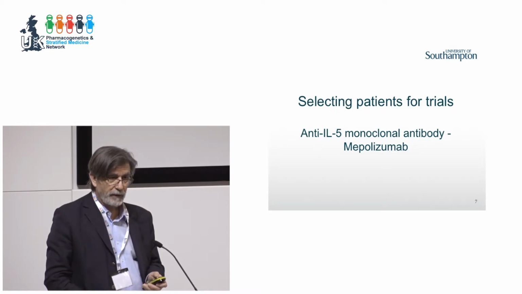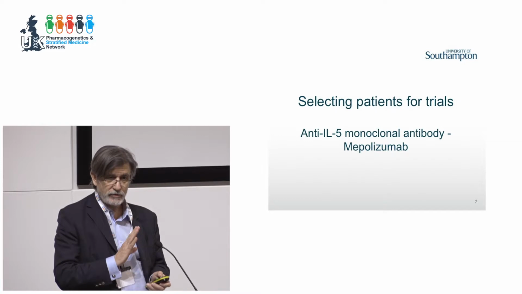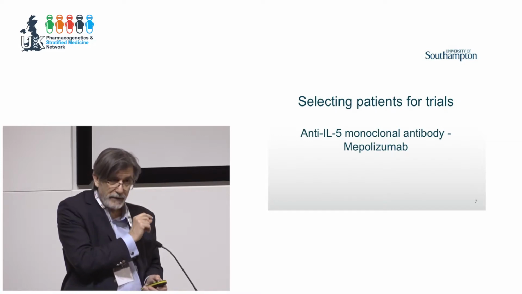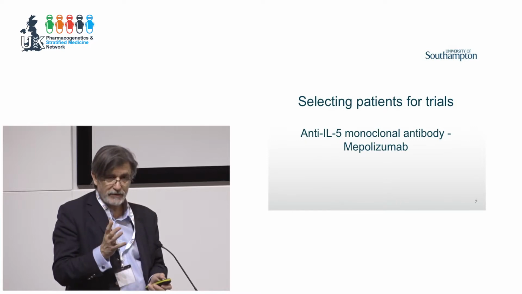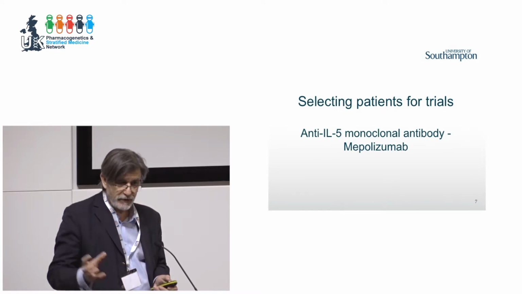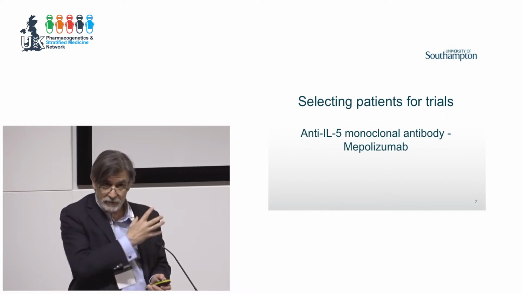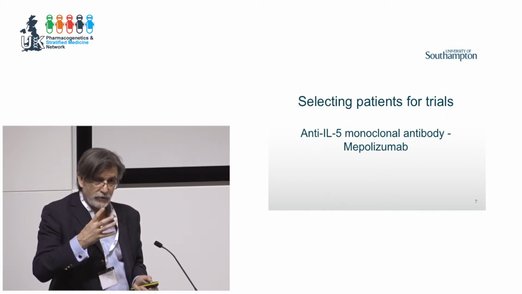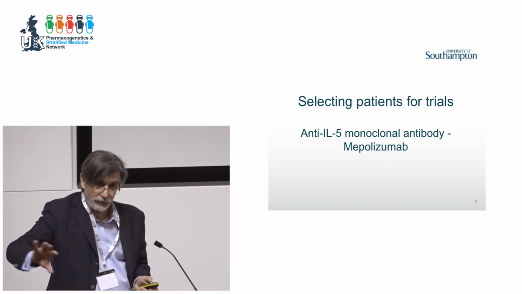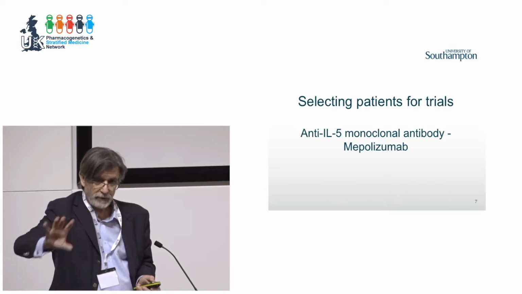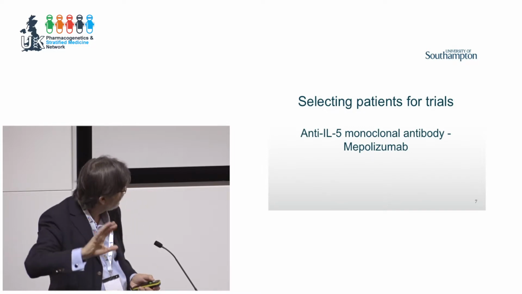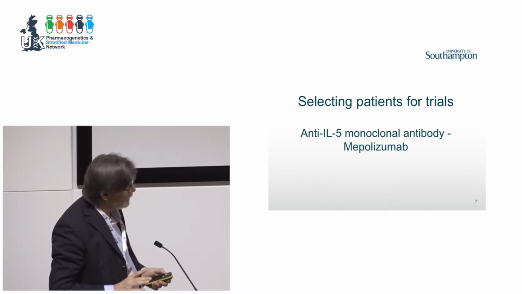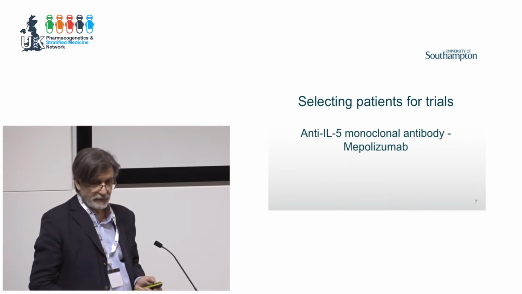The objective was to target this type 2 cytokine. Why? Because it is a key cytokine that drives the maturation of eosinophils. And remember, asthma is an eosinophilic disease. In doing so, the idea was to remove the eosinophils, return the inflammation down to as low as possible, and thereby improve control of asthma.